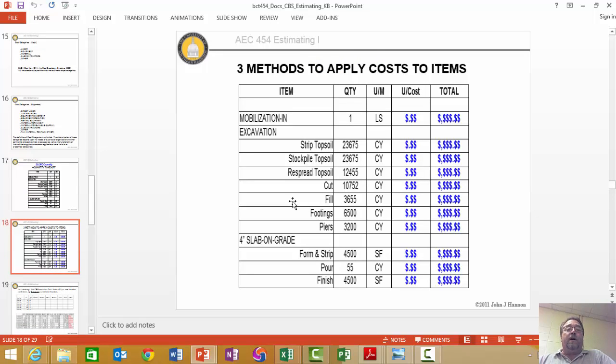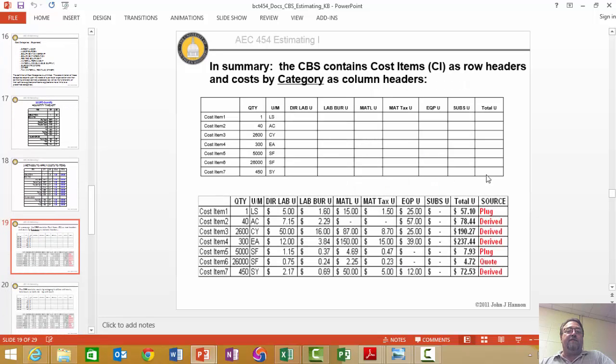Give it a quantity, a unit of measure, and then a unit cost. Obviously, the total is the quantity times the unit cost, and you have an extended total. And to me, that's a cost breakdown structure. Just as simple as this right here. Okay.